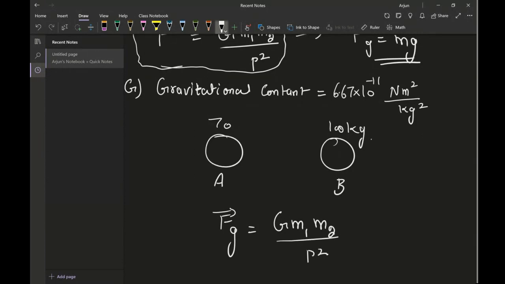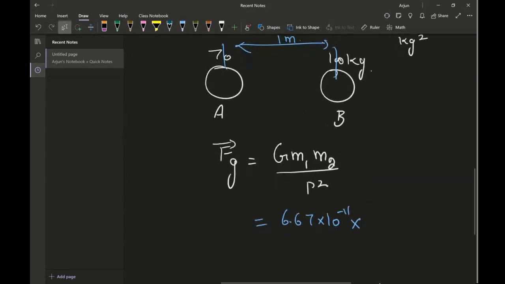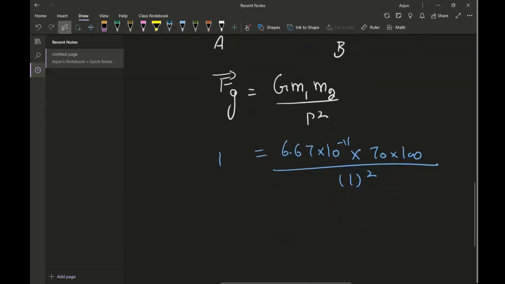The distance, for the sake of simplicity, I'll call 1 meter. So G is 6.67 times 10 to the negative 11, multiplied by 70 kg, multiplied by 100 kg, divided by r square, 1 square. Once we do the calculation, we will get the force of gravity between the two bodies, and the unit for this Fg will be newtons.